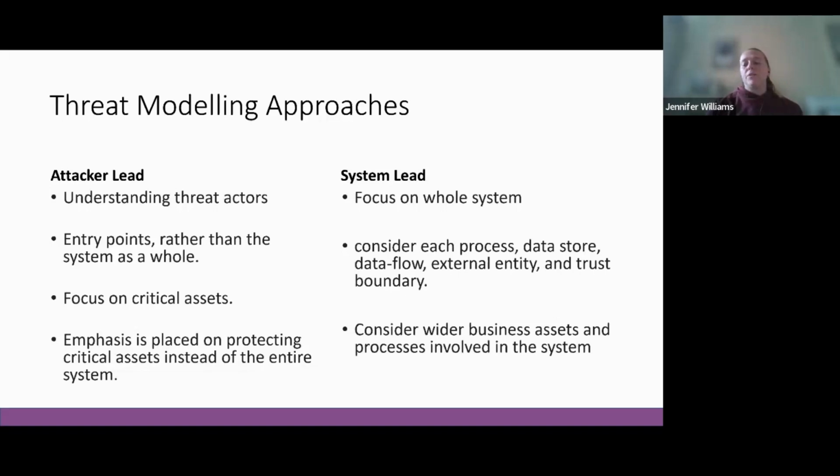So system-led helps quite often identify insider threats that an attacker-led approach wouldn't identify, because it's looking at other parts of the business that are not necessarily related just to that one system that's under scrutiny.